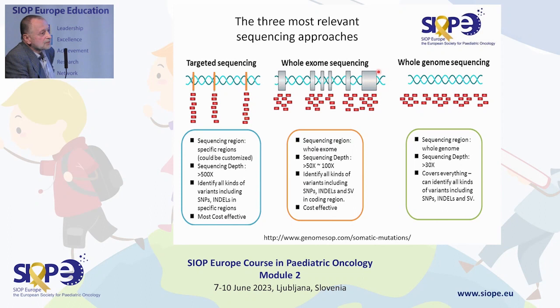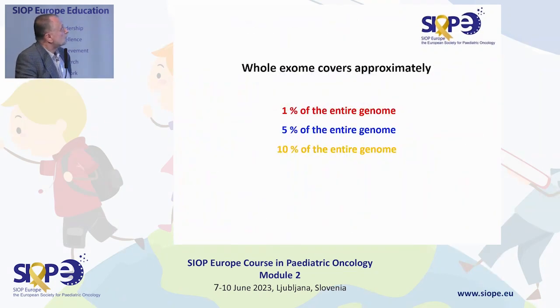Whole genome sequencing, you sequence basically the whole genome, although the whole genome does not really exist yet with sequencing, it does not cover the whole genome, you have to be aware of that. And with a sequencing depth of at least 30 times, it covers everything, also all parts in the genome which are not exomic.